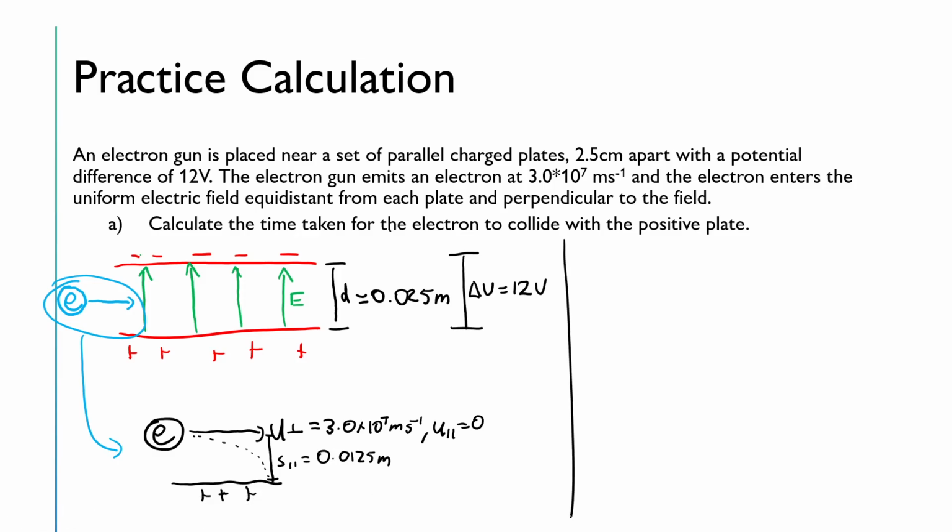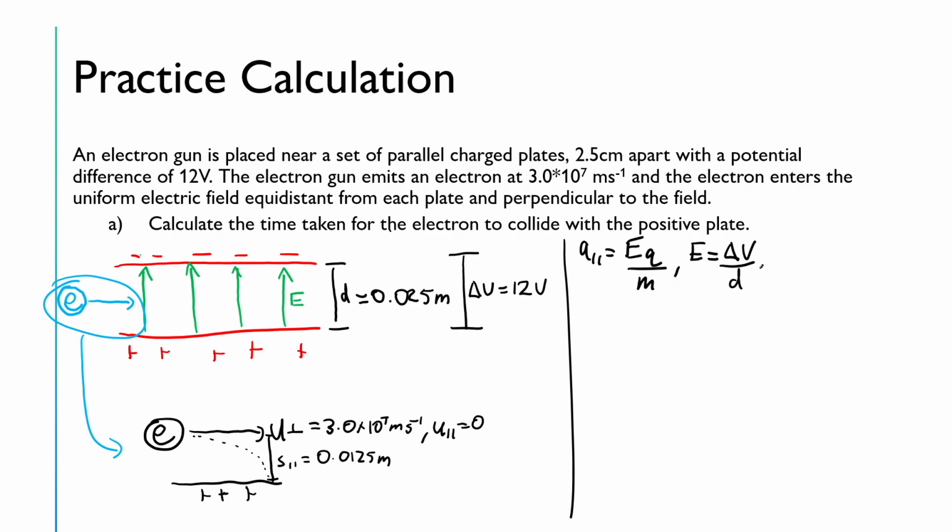So what we'll do first is identify some key equations. First, let's make sure that we know what our acceleration parallel to the electric field is going to be, and that's EQ on m. Now, the electric field strength is not something that we've been given in the question, but it is something that we can calculate for with some other values that we have, because we know that the electric field strength is equal to the potential difference divided by the distance between the plates.